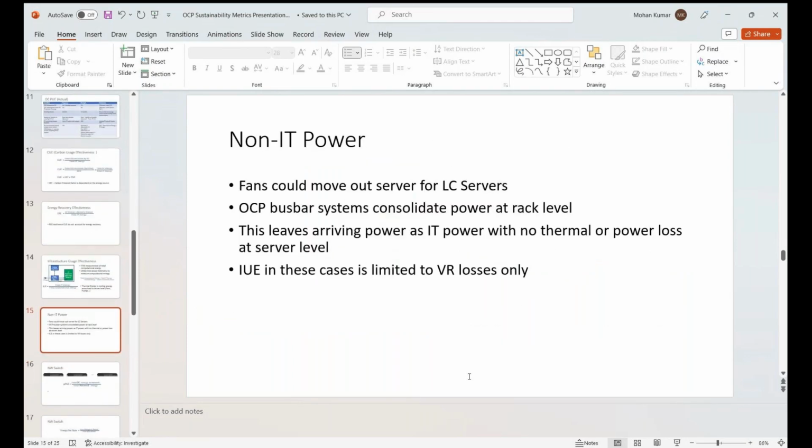So now we have a problem. As you start to measure this, it's great for most of the designs that are out there, but I want to caution about some of the trends that are going to knock us out of this equation very quickly, right? In our data center facilities team, they are working very actively on liquid cooling. As liquid cooling catches on, especially if you think of things like immersion, the fans just move out of the server eventually.